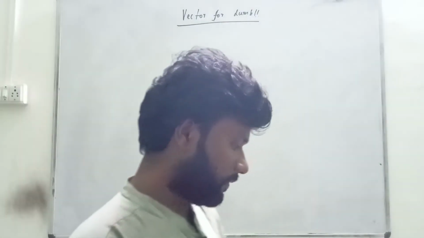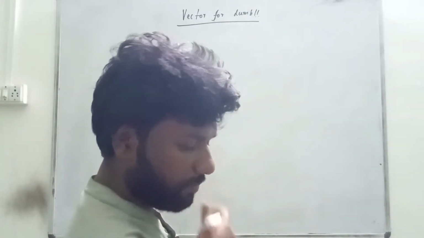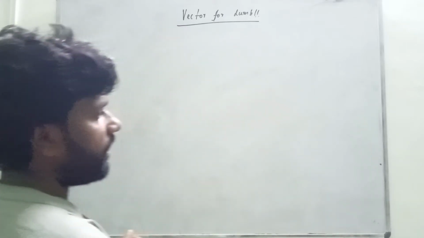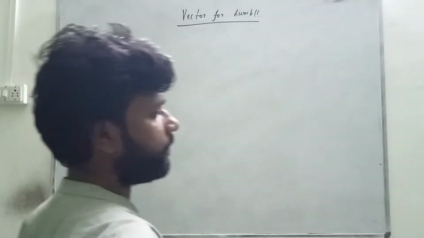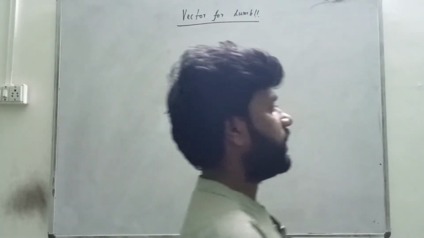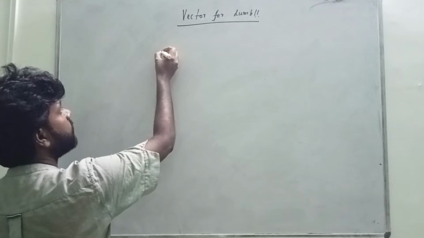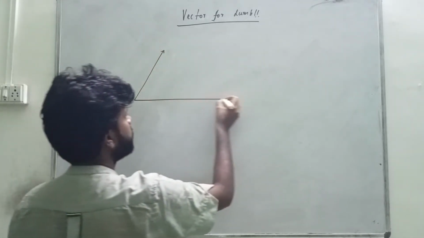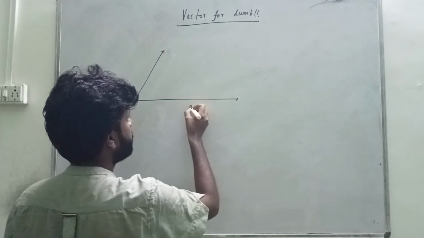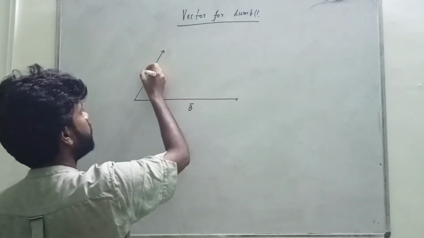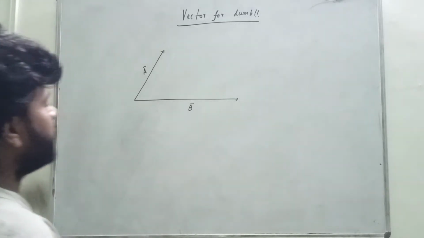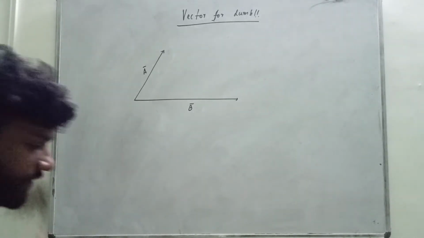Okay, so just recalling part 3 and part 2 of our vector series, if the vector is a and a vector b, then all of you know what will be the resultant, I mean the addition.